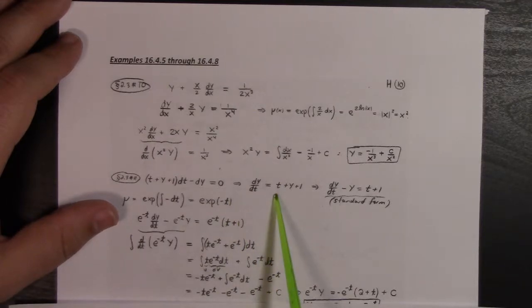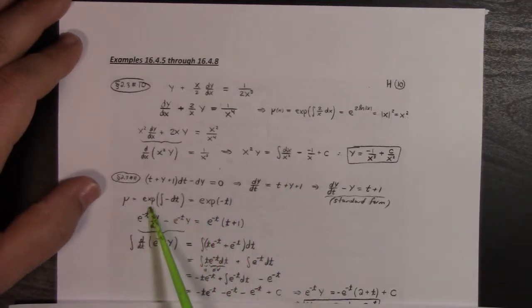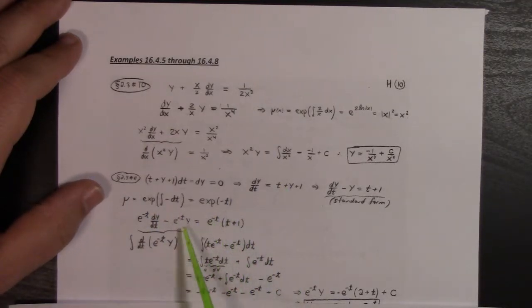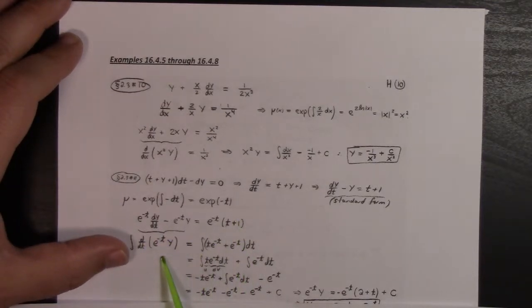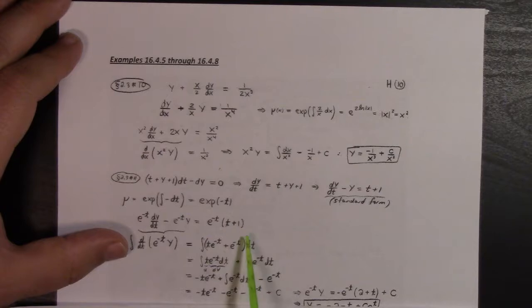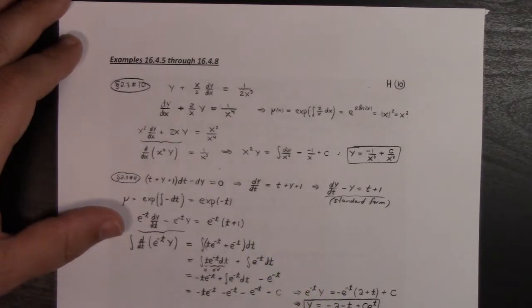Put it in standard form. Calculate the integrating factor. Multiply by the integrating factor. Reverse product rule. And then integrate both sides. This time, I had to integrate e to the minus t times t plus 1, which we know how to do by integration by parts, which we learned what seemed like a lifetime ago, but we did learn that. You still know it. Here it is.